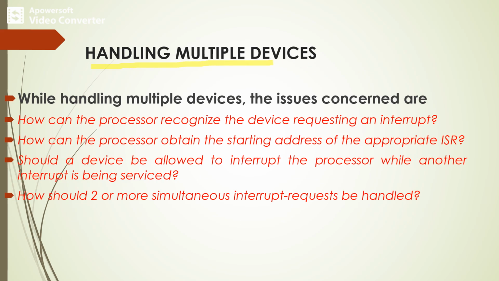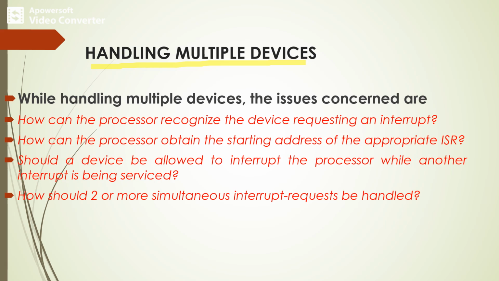Handling multiple devices. While handling more than one I/O device, the issues concerned are: how can the processor recognize the device requesting an interrupt? How can the processor obtain the starting address of the appropriate ISR? Should a device be allowed to interrupt the processor while another interrupt is being serviced?